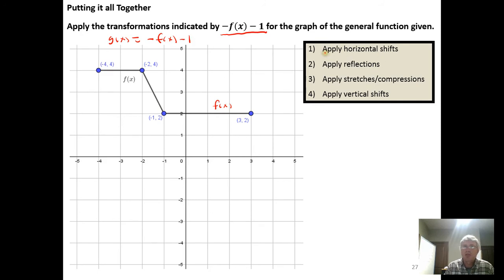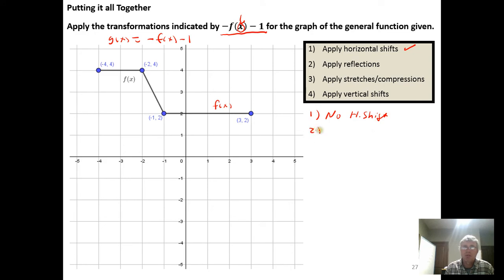So again, you just go through and look for the transformations. So horizontal shifts. The only way to get a horizontal shift is if we add or subtract something to the input variable. Nothing is being added or subtracted to the input variable, so there's no horizontal shift.